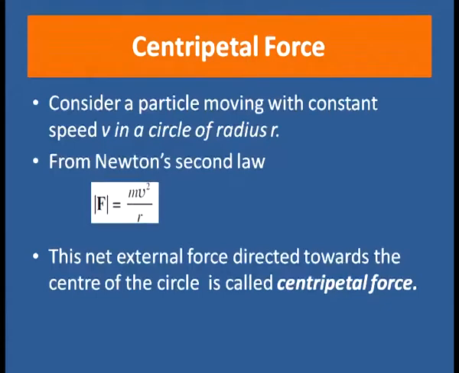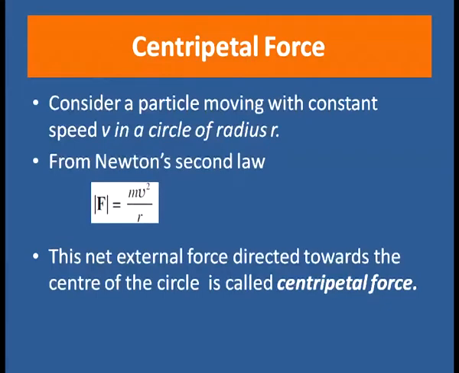Then we will apply Newton's law of motion to uniform circular motion. This helps us to explain why roads are banked or why pilots feel pressed to their seats when they fly aircrafts in vertical loops. Consider a particle moving with constant speed in a circle of radius r.